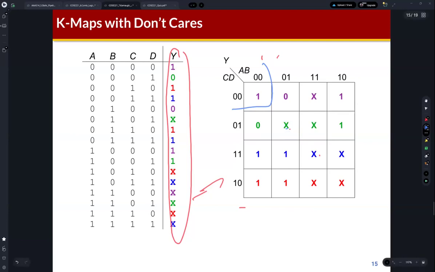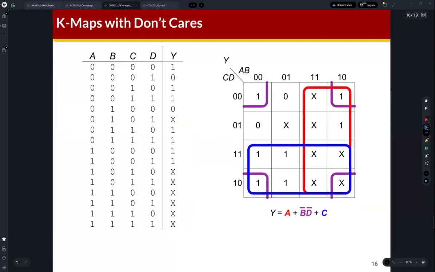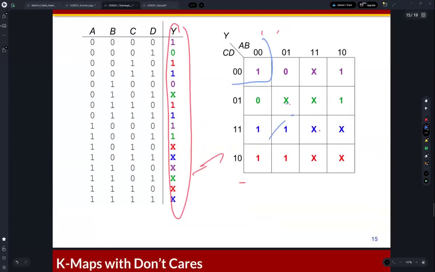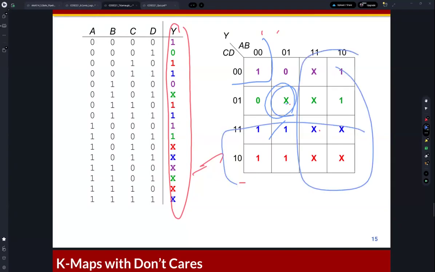But sometimes if X is not helpful for optimizing the equation, then we need to exclude this X from the Karnaugh map. Okay, this is not a good example. As I mentioned, we don't need to include this X because all the X's are already included.